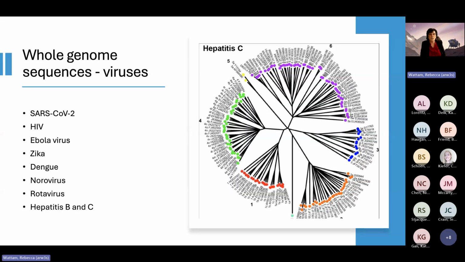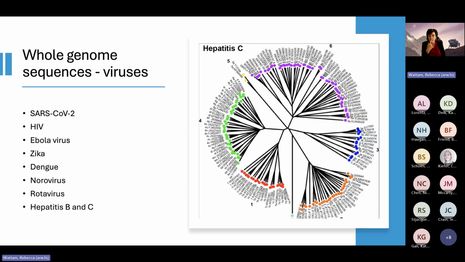So some whole genome sequences with the viruses. These are specific viruses here in the panel on the left that they use whole genome sequences for. And everybody knows, like SARS-CoV-2, we saw so many trees of that charting the variant tracking and how it was changing. And I did not want to include another SARS tree because we've all seen so many of them.